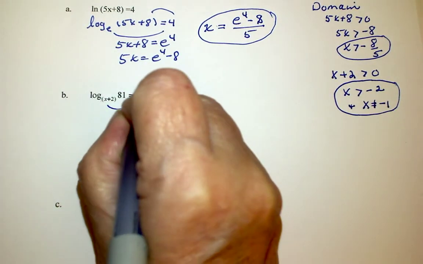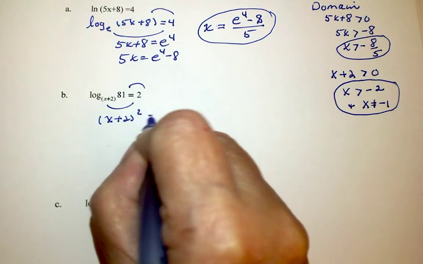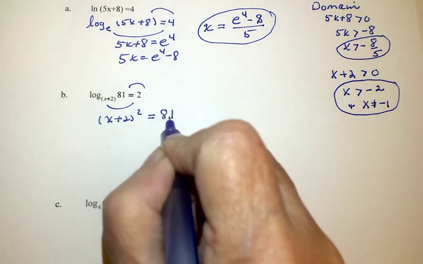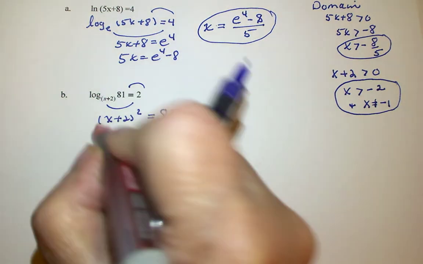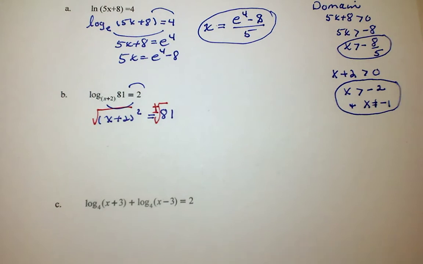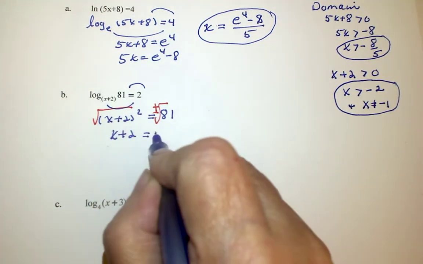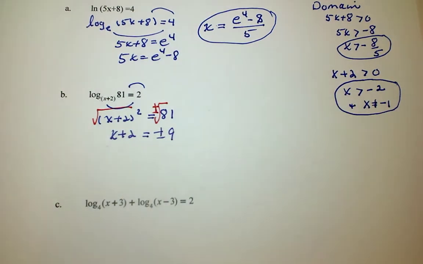Rewrite it so that x plus 2 squared equals 81. Now take the square root of both sides. Don't forget the plus or minus. x plus 2 equals plus or minus 9.